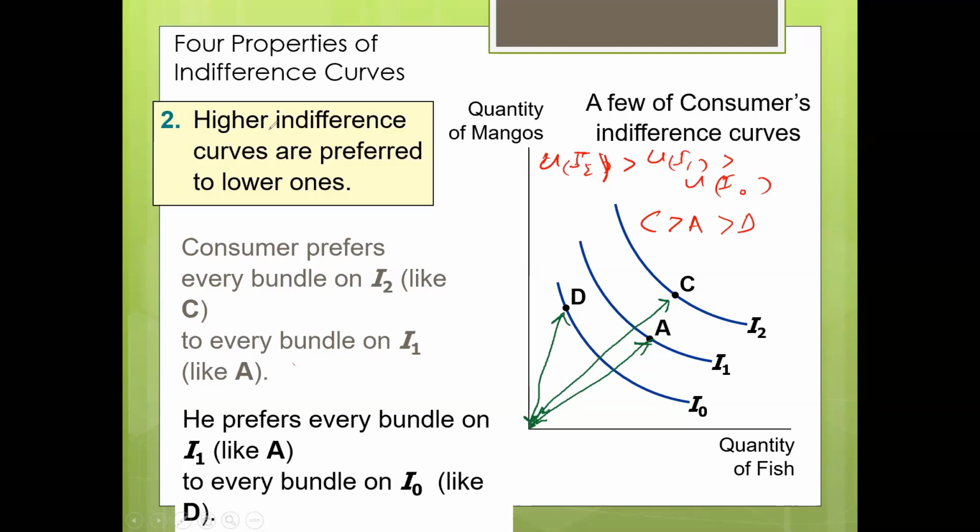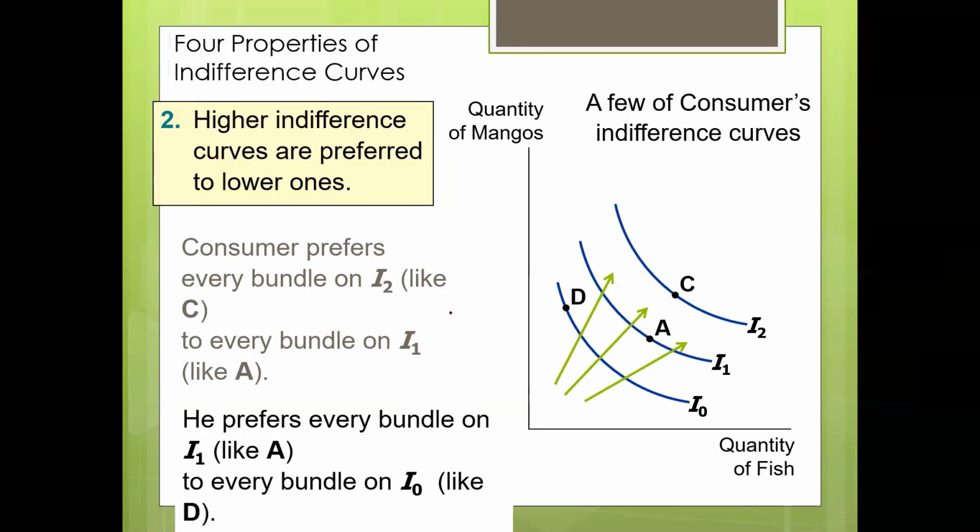So it means higher indifference curves are preferred to the lower ones because they are covering more distance. So he likes to climb on the higher indifference curve. This is the reason, it has a property that higher ones are better than the lower ones. So this is the arrow that's showing that he wants to go away from the 0 point.